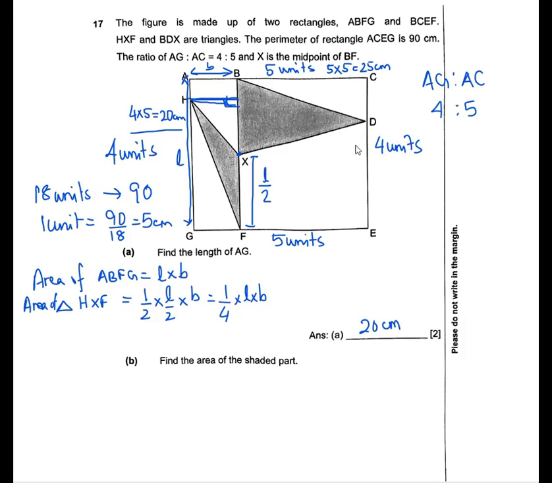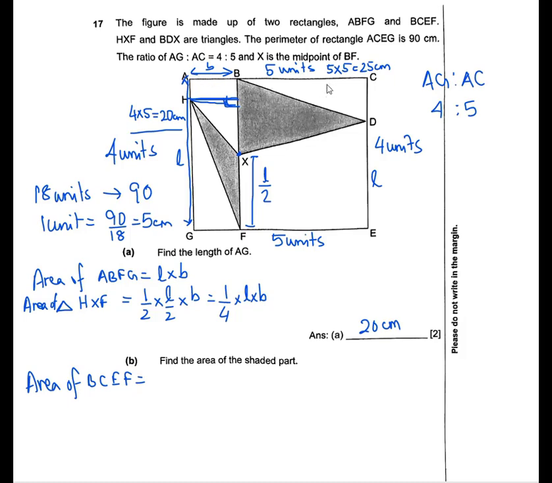Now we come back here again. Now, what is the area of this BCEF, which is a rectangle? Again, let's assume this length is L here, and this, let's assume as something else because we have used B here.